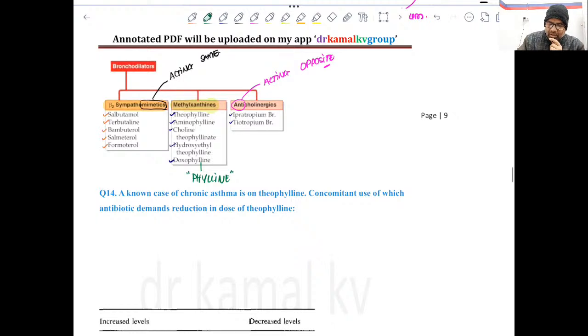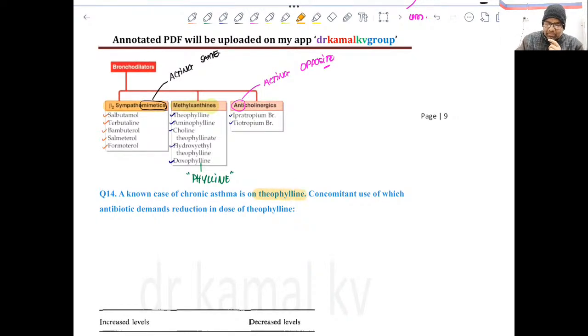Now moving forward and continuing with theophylline. Theophylline has many drug interactions, because suppose we are giving theophylline for asthma, and the patient develops some other condition, like tuberculosis, and we have to start rifampicin. Now rifampicin is a microsomal enzyme inducer.